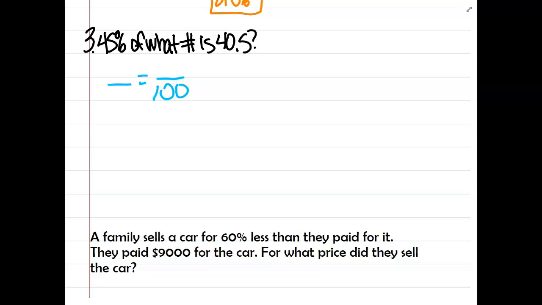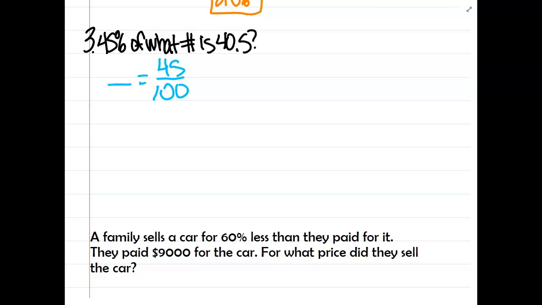The only thing that goes over 100 is a percent. I'm given a percent this time, so that 45 is going to go over 100. Now, you do not change it to a decimal because, guys, 45% is 45 over 100. It does it for you, okay?